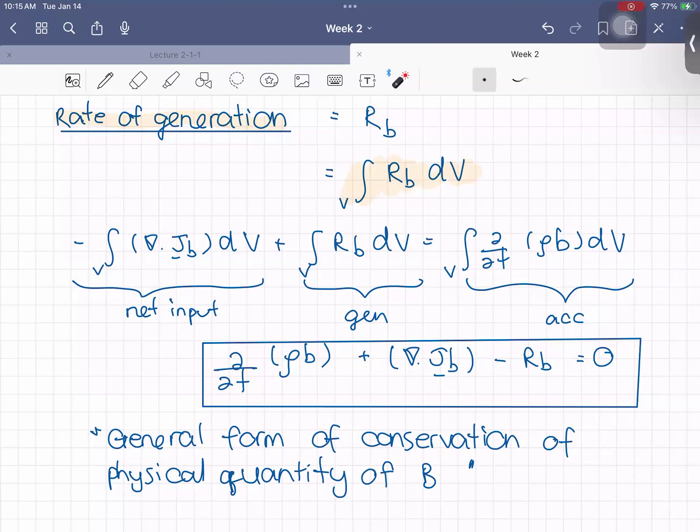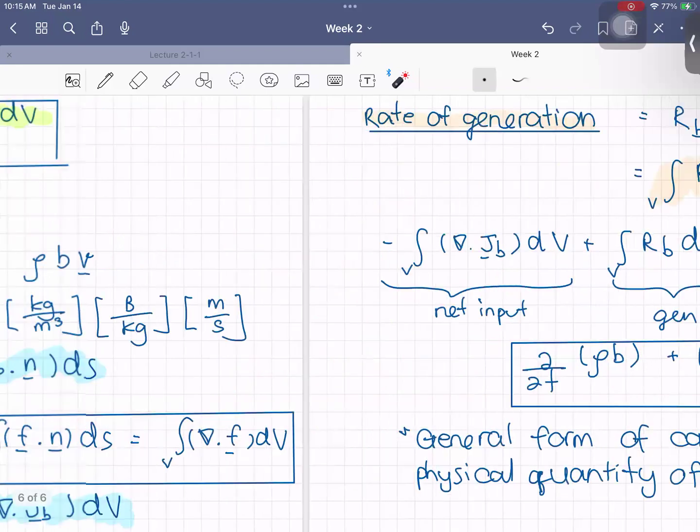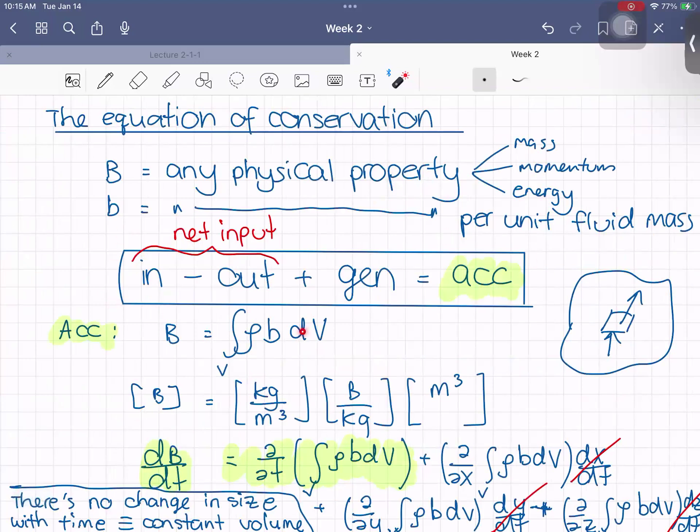The final equation right here. From this general conservation equation, we have net input, generation term, and accumulation term, right? So we just plug in all the terms that I highlighted. The accumulation term is right here, so I'm plugging it back into this term.